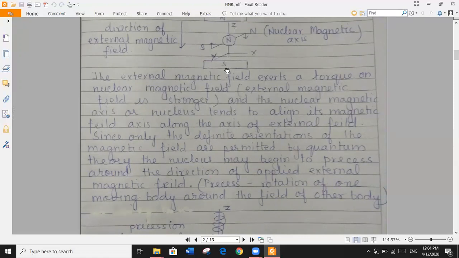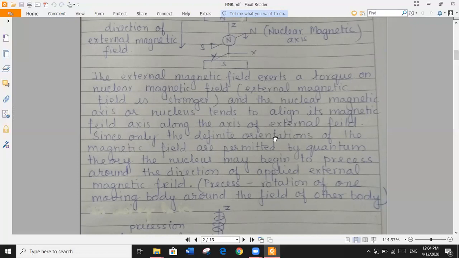Obviously, these two have a strong magnetic field as compared to this rotating nucleus of an atom. And the nuclear magnetic axis, or the nucleus, tends to align its magnetic field axis along the axis of the external field. When a small bar magnet is placed in a strong magnetic field, whatever its axis of rotation was earlier, it aligns its axis in the direction of the external magnetic field axis.